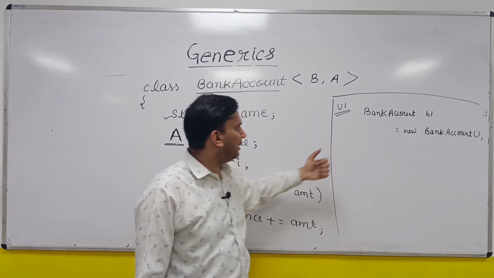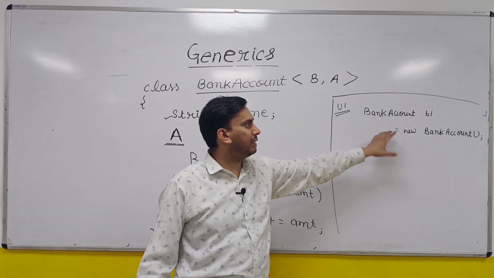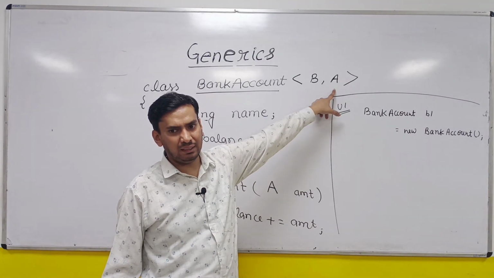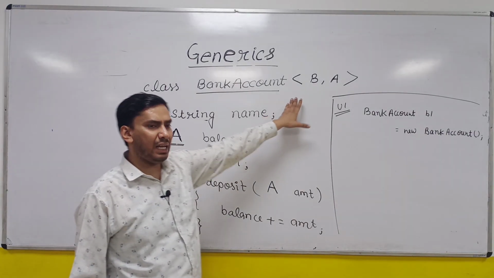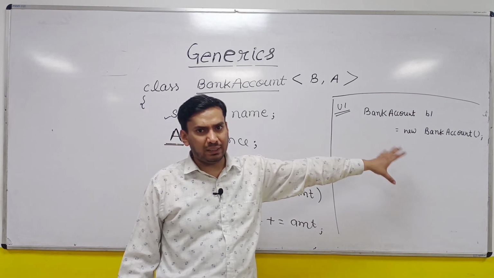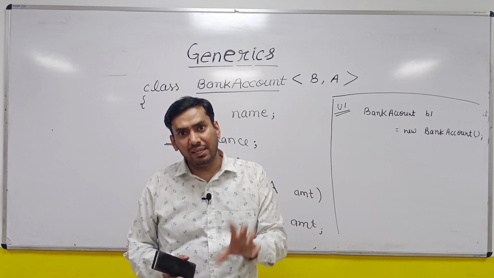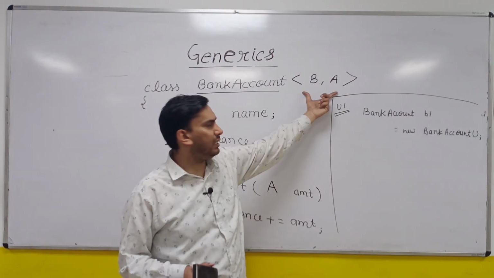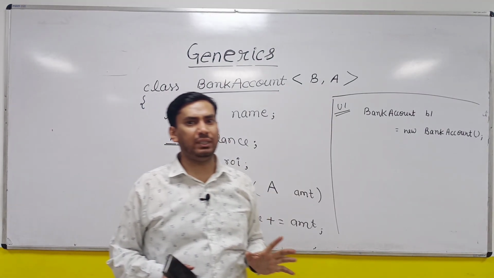So this is the warning because your class is generic and you are creating the object without telling the type of B and A, right? Here you are using B and A as a variable type. It means whenever anybody will use the object of this class, they will specify what is the type A and what is the type B in this order. The order in which it is written, in the same order you have to supply the actual type.